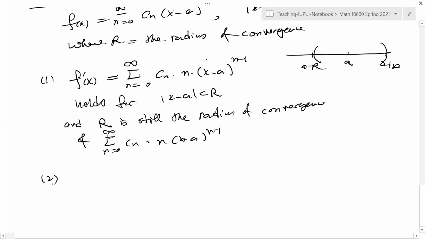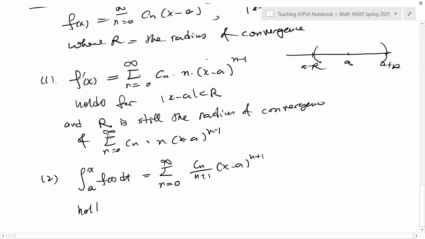Second statement, okay. For this series, I can use a definite integral. So the integral from a to x of f of t dt, I can evaluate. It is the sum of Cn over n plus 1 times x minus a to the n plus 1.